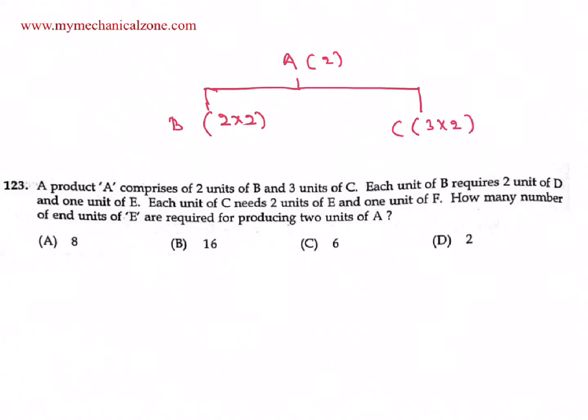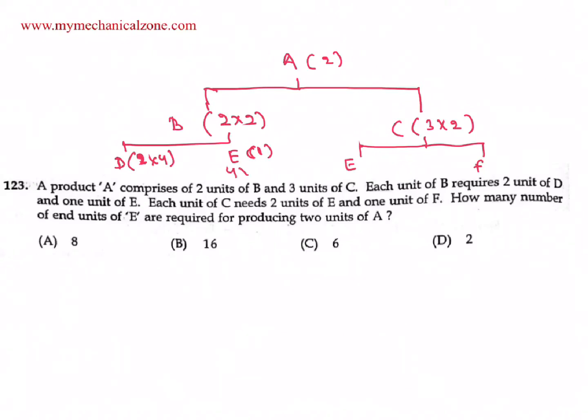Then again from B, B requires D and E. C also requires E and F. So for 1 unit of B, D requires 2. For 2 units of A, B required is 4, so total D required is 2 into 4. For E, for B, 1 E required, so total E required for 2 units of A is 4 into 1.